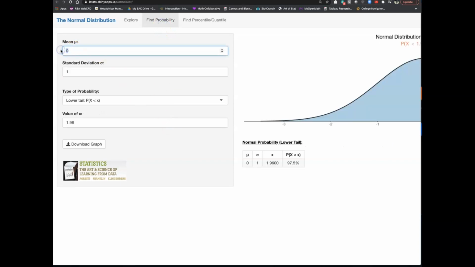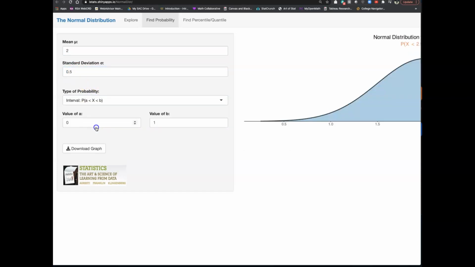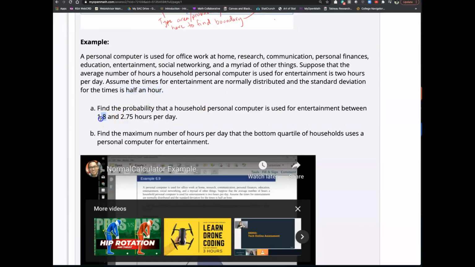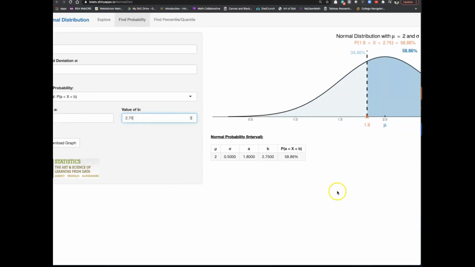And so the mean is 2 and the standard deviation is 0.5, a half hour. And we're trying to find the probability that is between two values. In this example, the values were 1.8 and 2.75. So that's what you would put in there, 1.8 and then 2.75. And there's your answer, the probability.